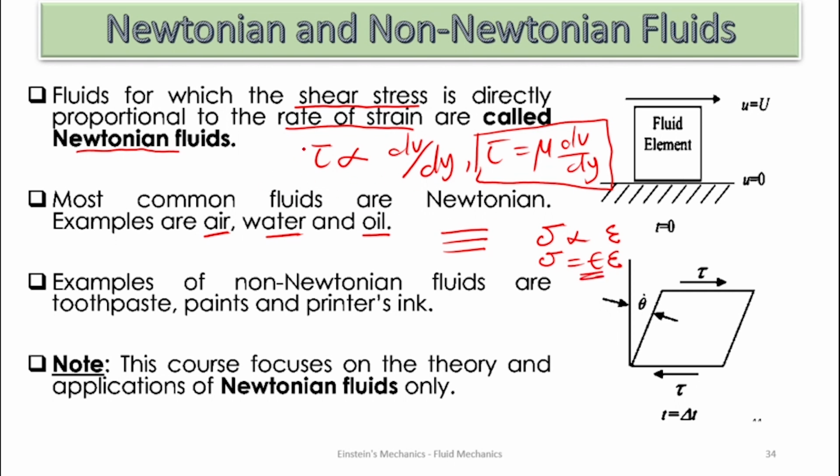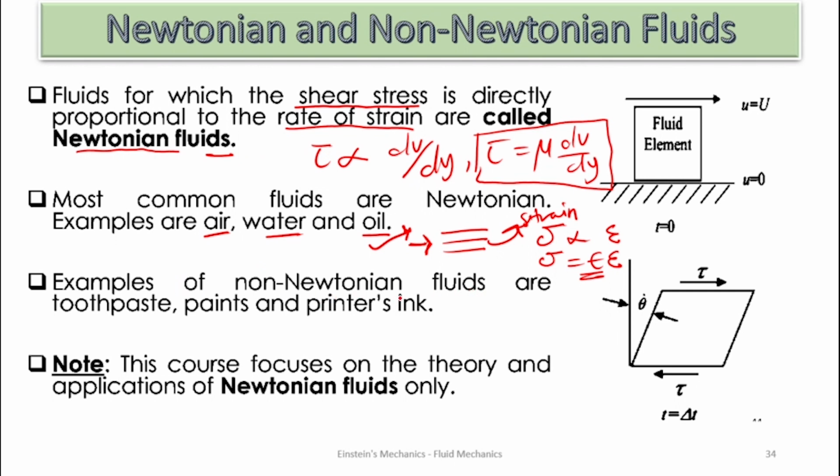The same thing happens to Newtonian fluids. The more shear stress we apply on the fluid, the more deformation it causes, that's the rate of strain. So any fluid obeying this phenomenon, where the more you increase the shear stress, the more strain the liquid undergoes, we call Newtonian fluids.